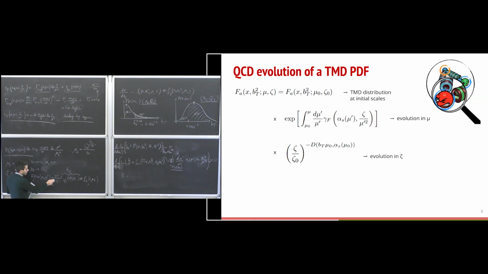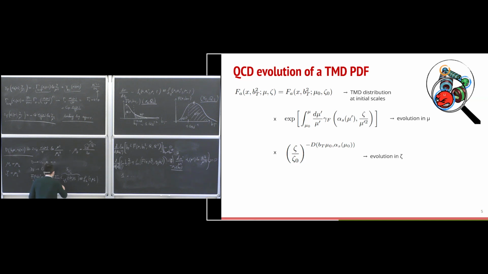And what do you get if you sum over the flavors of delta ij times the collinear PDF? This is the PDF for the flavor j. You have delta ij and you're summing over j. What do you get? It's just the flavor i.